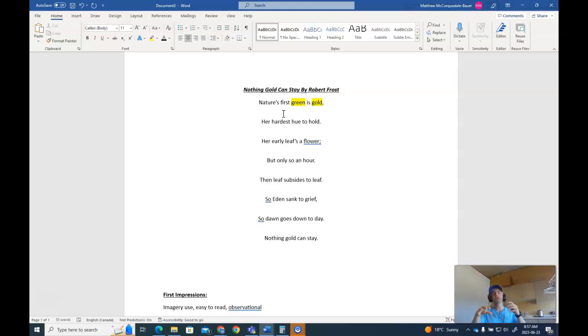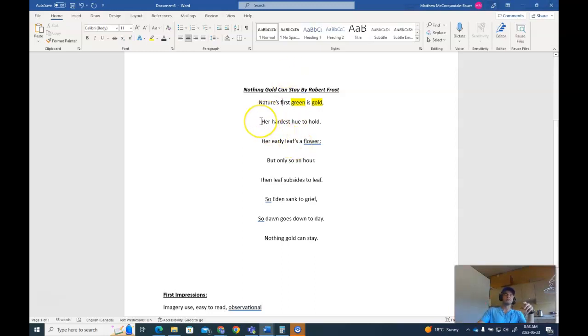If we don't know that gold has this connotation attached to its name, we can't actually make an assumption as to what it means. However, since I'm going to assume most of us understand the context in which gold is being used, we can simply make this connection. Nature's first green is gold. Right away, Frost has made it clear to the reader that first green is number one.